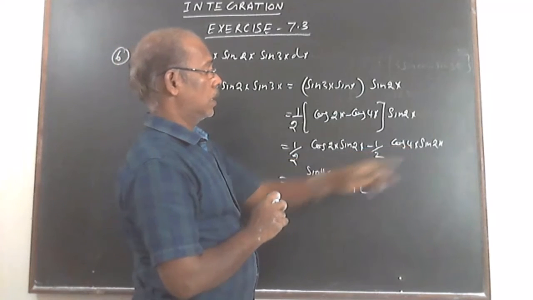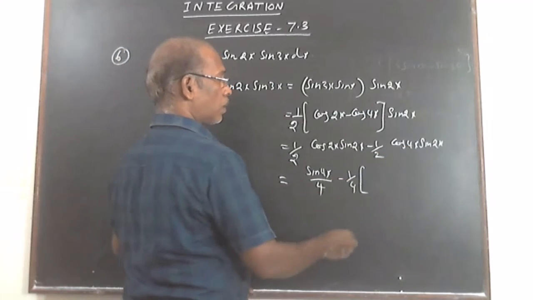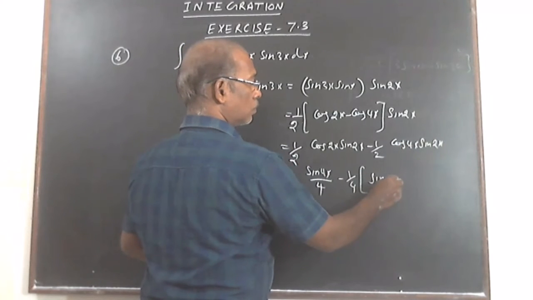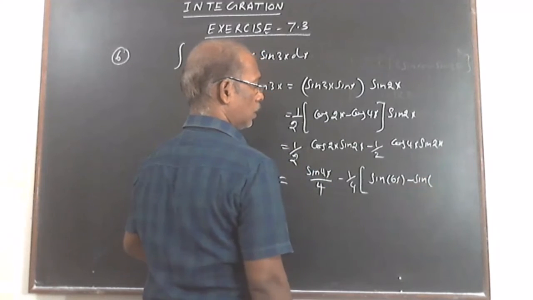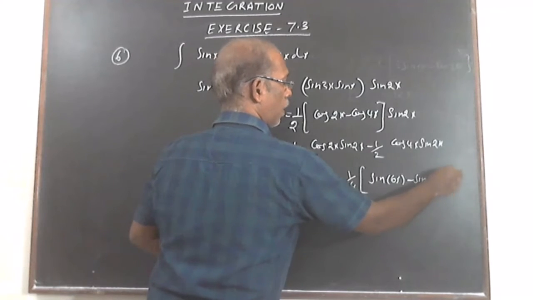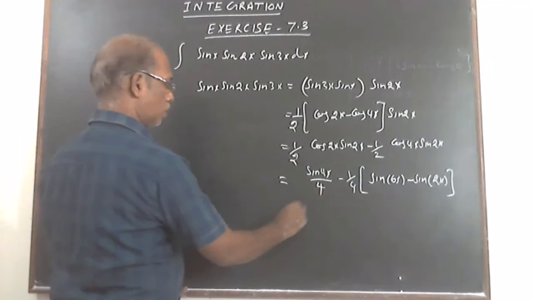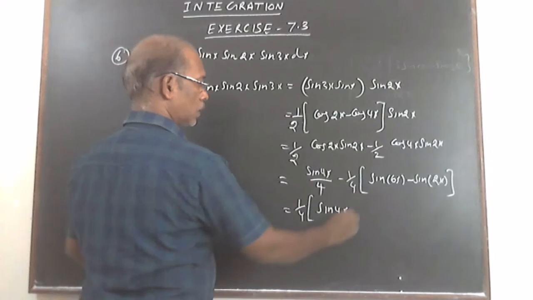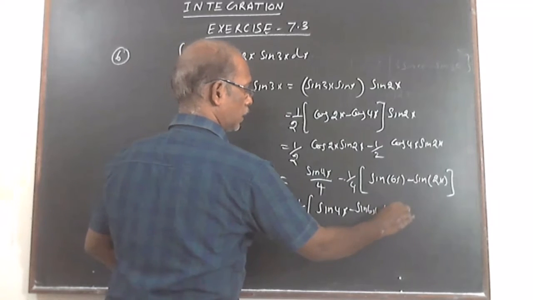Here A is 4x. So sin of A plus B, 4 plus 2, 6x, minus sin of A minus B, 4 minus 2, 2x. Now we can take 1 by 4 common out: 1 by 4 of sin 4x minus sin 6x plus sin 2x.